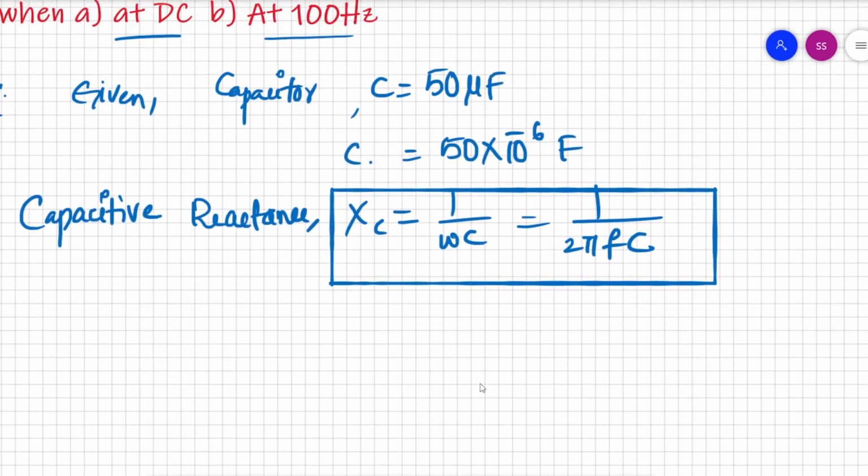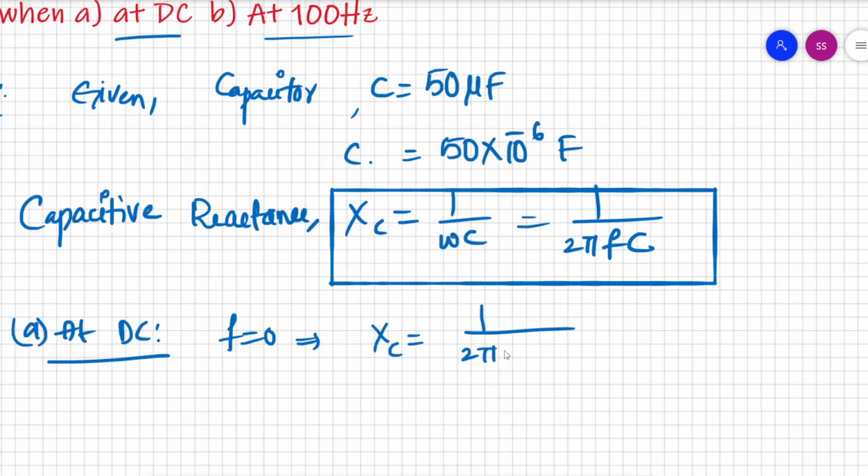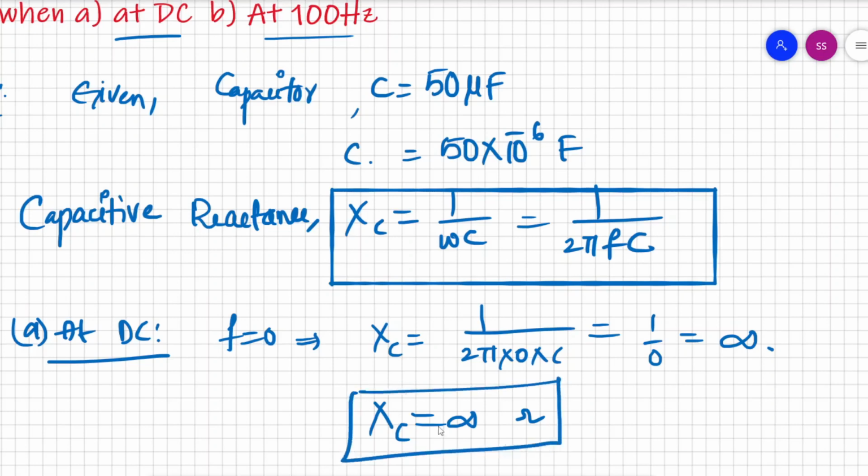Okay, we need to find the capacitive reactance at DC supply. So at DC supply, frequency is 0, so XC will be 1 by 2 pi into 0 into C, that will be 1 by 0, which equals infinite. So XC will be infinite ohms for DC excitation. So what does it mean? It means infinite impedance, infinite resistance.